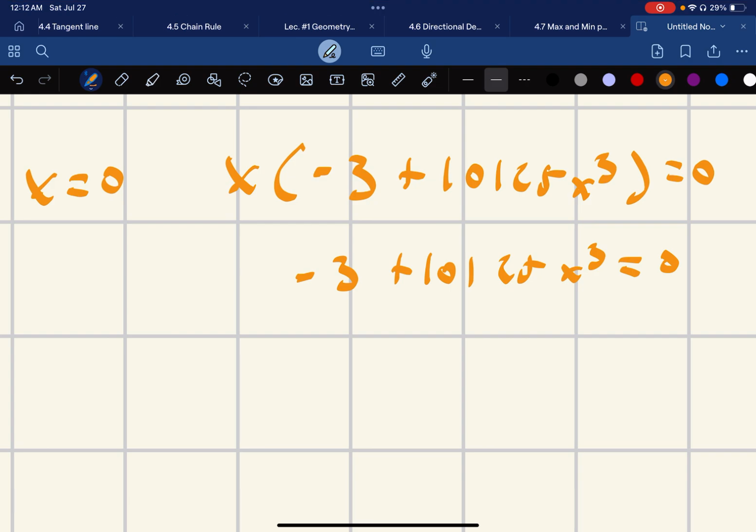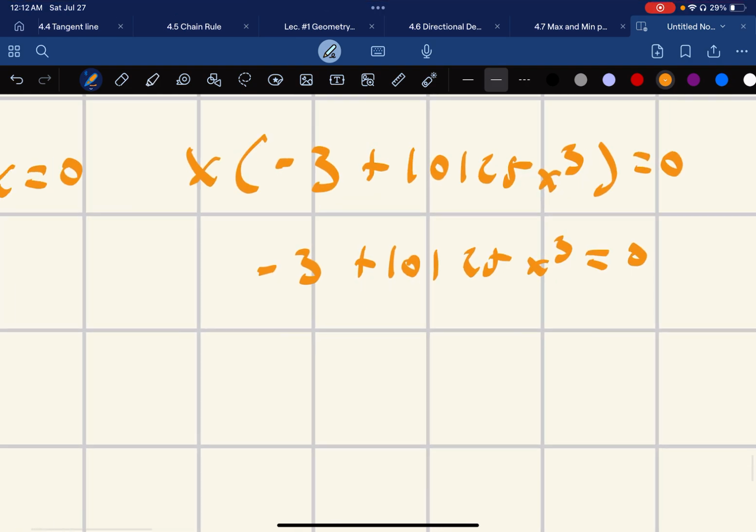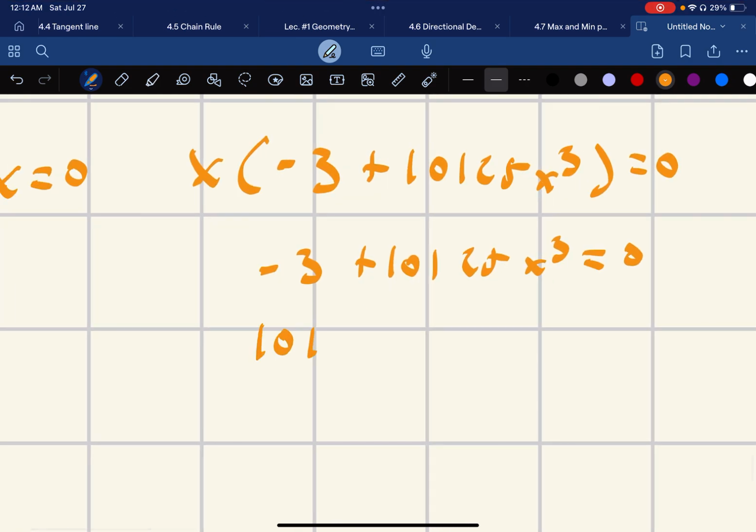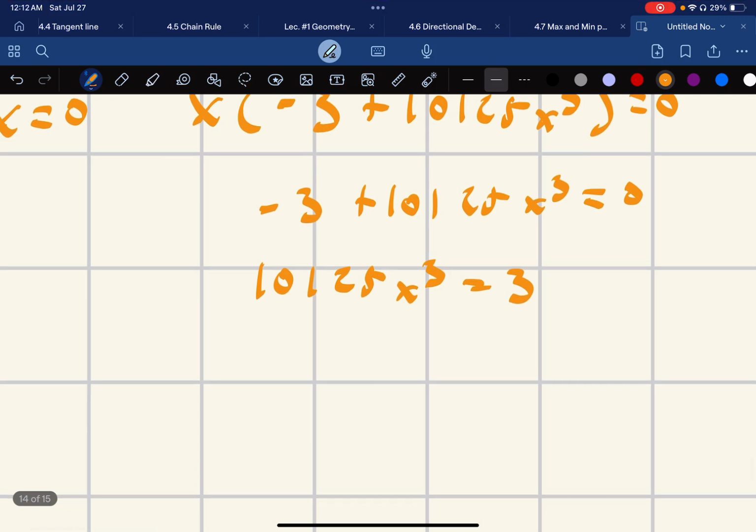So what do we do? 10125x cubed equals 3, right? Then to make x alone, we divide it by 10125, right?